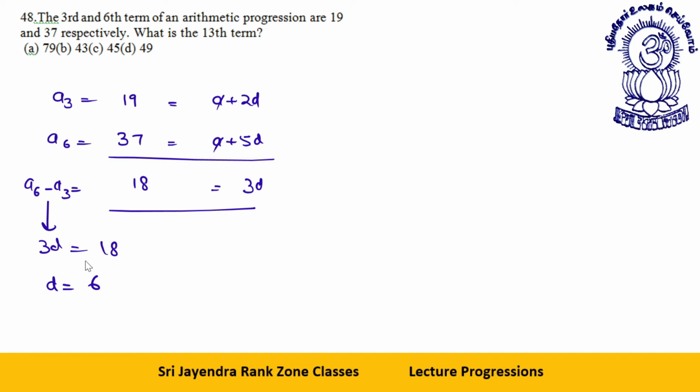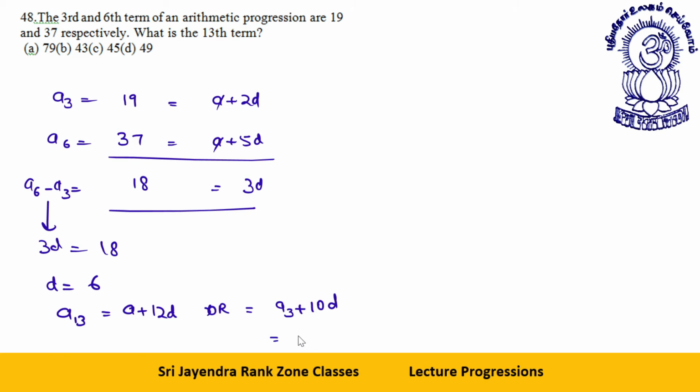What is the 13th term? A13 will be A plus 12D, or you can say the easy way will be A3 plus 10 times D. So this is what you needed to find actually.